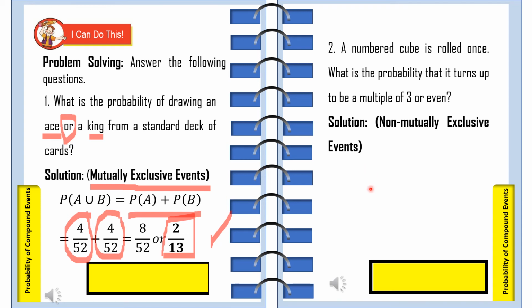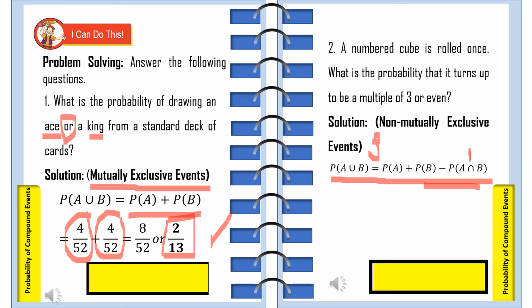Pag sinabi nating multiples of 3, ito yung magiging formula natin. Magkakaroon tayo ng subtraction dito dahil magkakaroon dito ng intersection ng 2 events. Ang first event natin, multiples of 3. So 1 to 6, ano-ano yung multiples of 3? That is 3 at saka yung 6, correct.